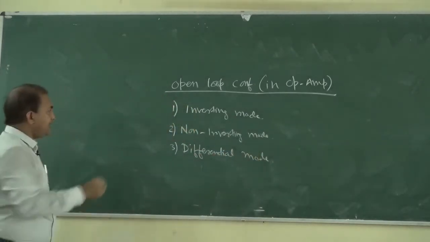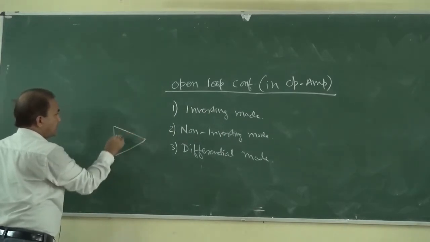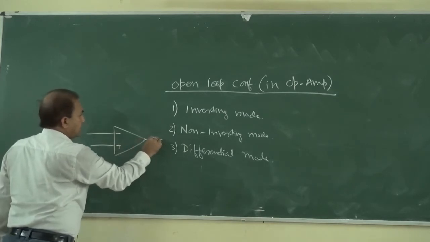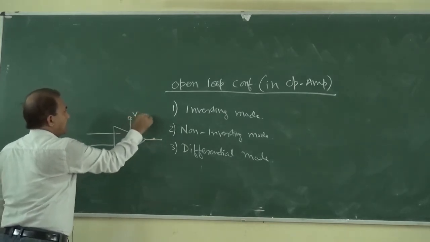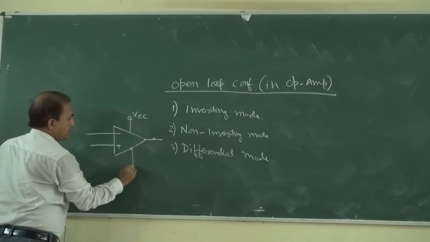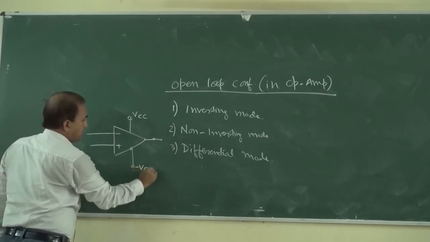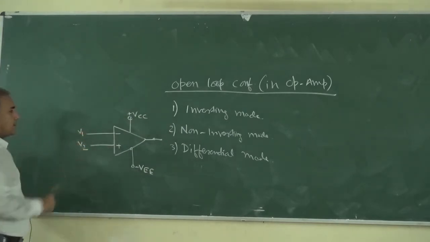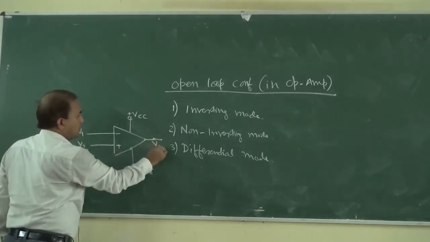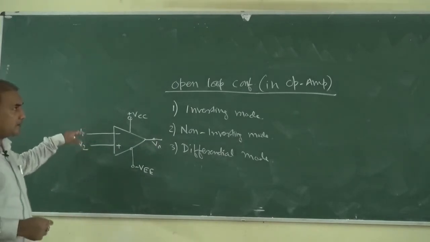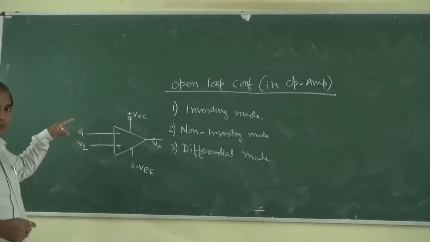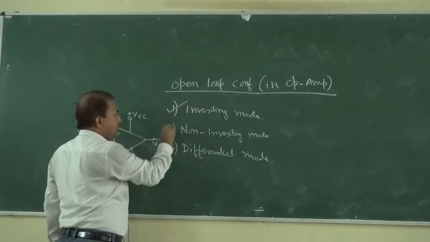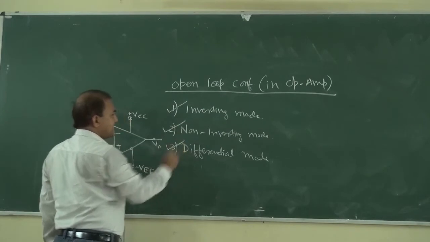Okay, so in any open loop operational amplifier, and this is say output. In any open loop configuration in an operational amplifier, we will be studying about three modes: inverting mode, non-inverting mode and differential mode.